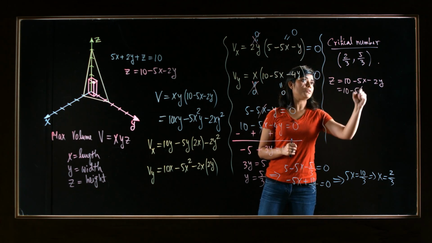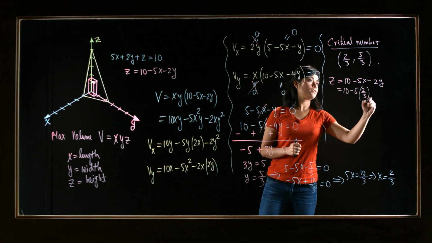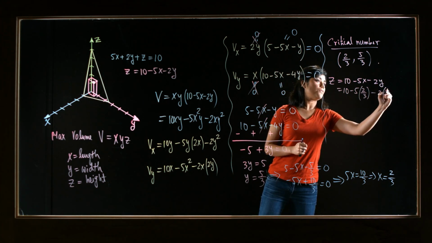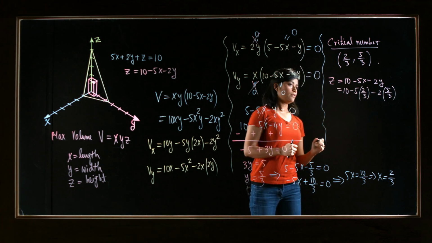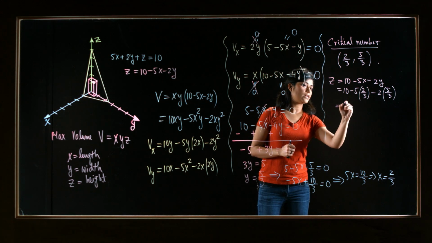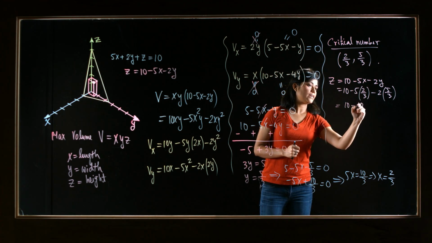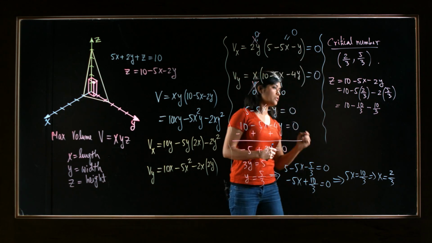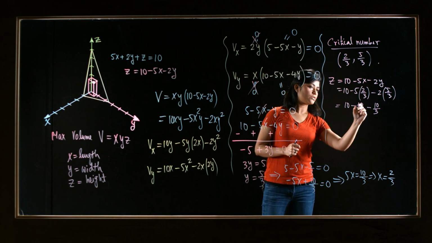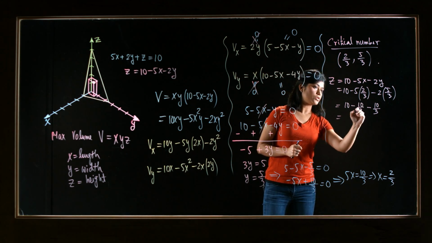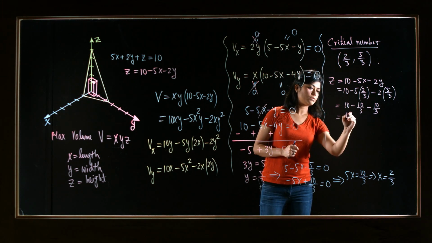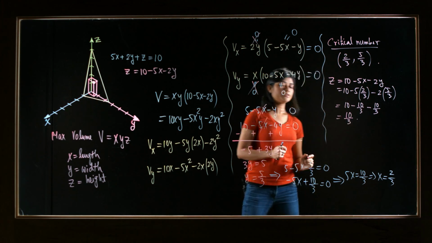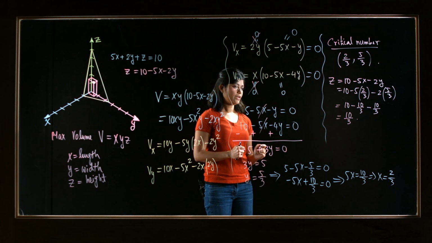So write down x is 2/3 and y is 5/3. This is 10 minus 10/3 minus 10/3, so that'll be 10/3.